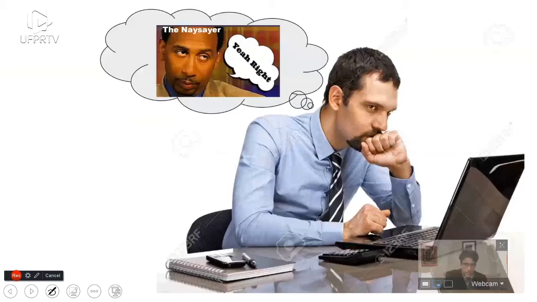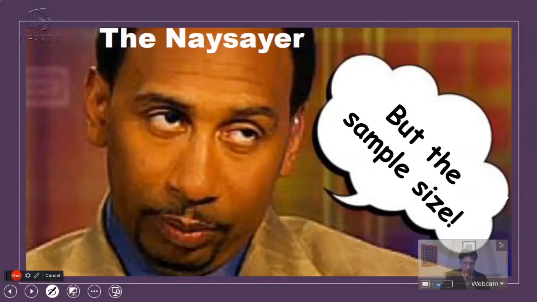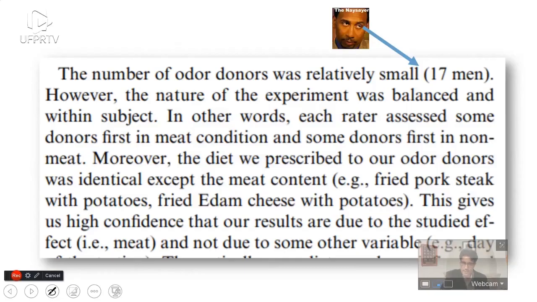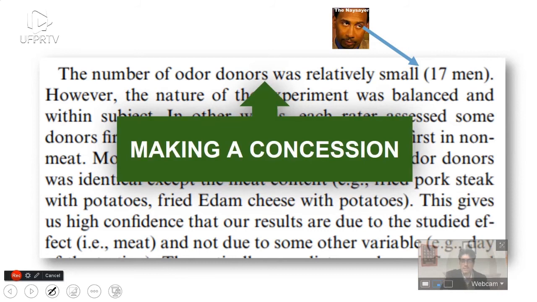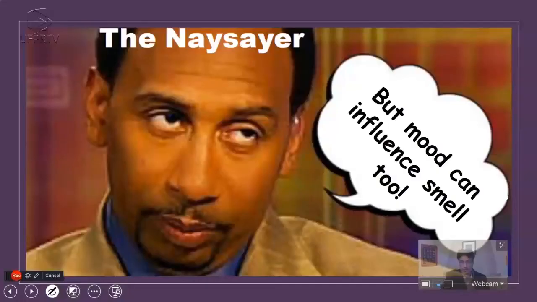And they keep thinking about him as they write. Because the naysayer could talk about the sample size. So then they add what I just talked about earlier: however, the nature of the experiment was balanced. That's making a concession. But there's more that you can do in the discussion section.